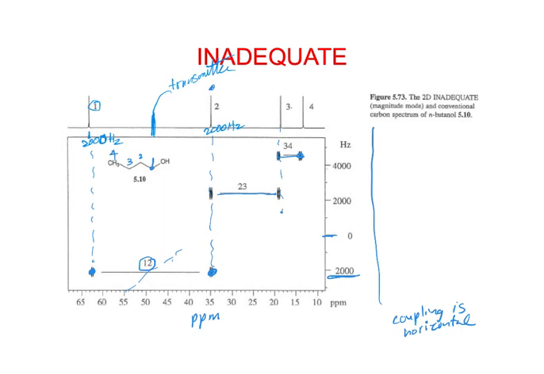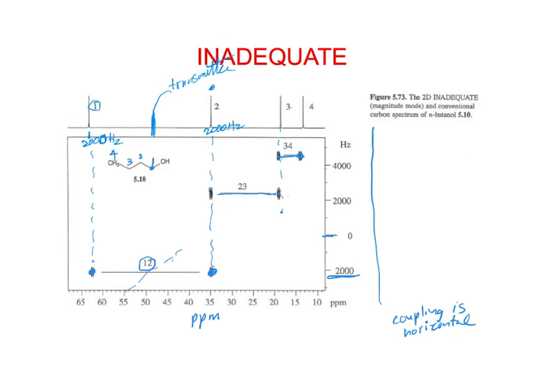And 3 to 4, this coupling. I'm not sure. Because we only really have 3 sets of cross peaks, and they're not really lined up with the chemical shifts of something.